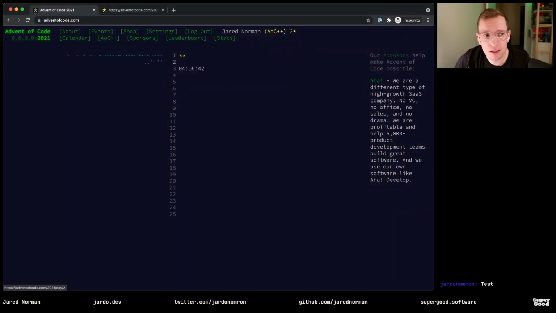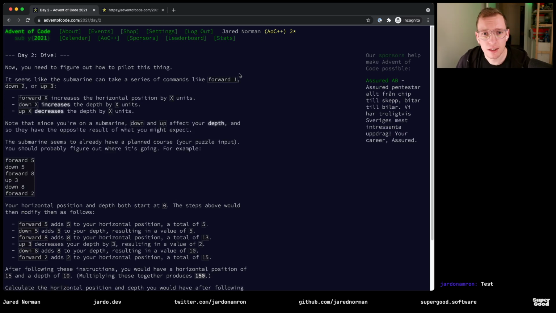What is day two here? So switch things around here so I can see. Yeah, there we go. All right, day two, dive. Now you need to figure out how to pilot this thing. It seems like the submarine can take a series of commands like forward 1, down 2, or up 3. Forward X increases the horizontal position by X units.